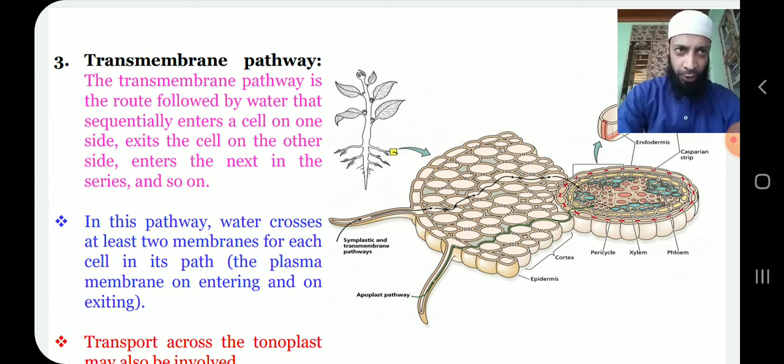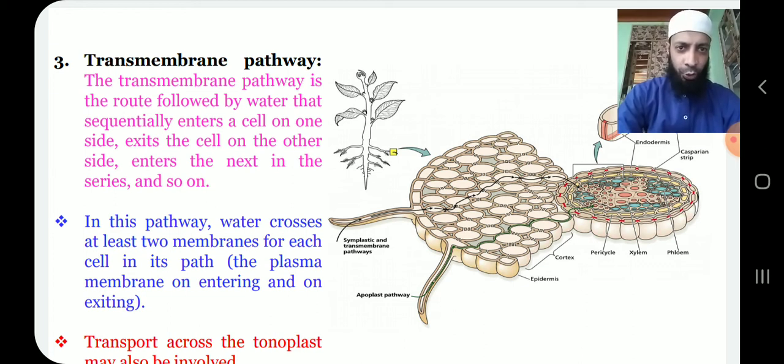That means water crosses the plasma membrane, going from one side to the other side, from one cell to another cell, through plasma membrane. In this pathway, water crosses at least two membranes for each cell in its pathway, that is the plasma membrane on entering and on exiting.